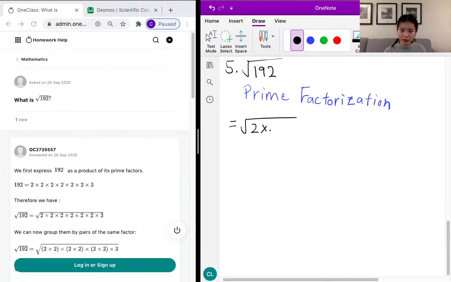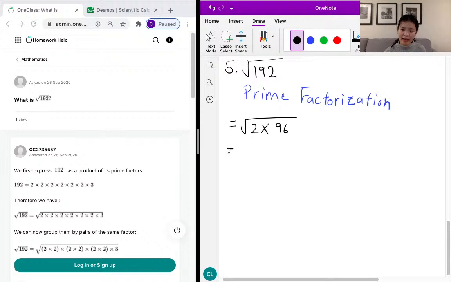Then we find what 192 divided by 2 is. It takes me a while, but it would be 96. Let me double check. Yes, it's 96. So 2 times 96 is 192.